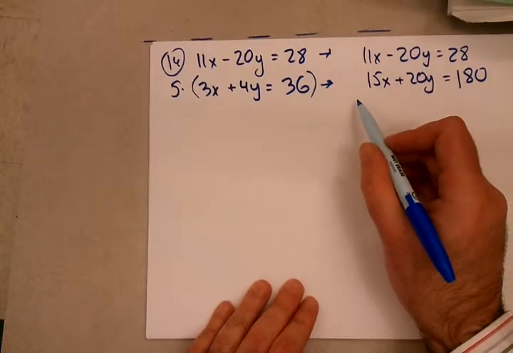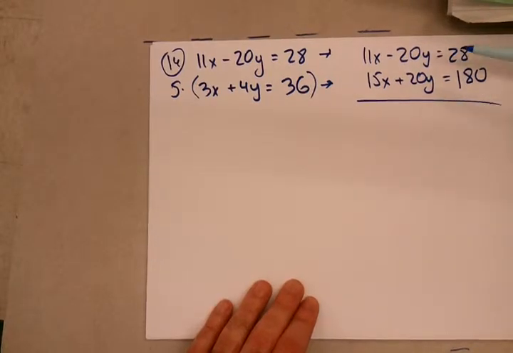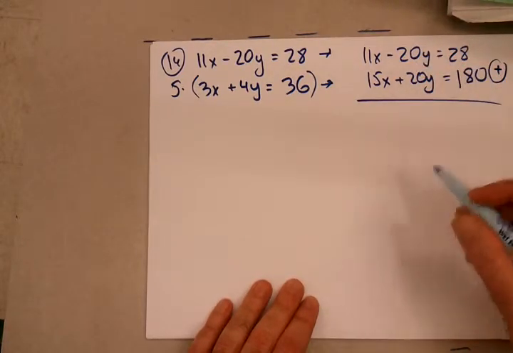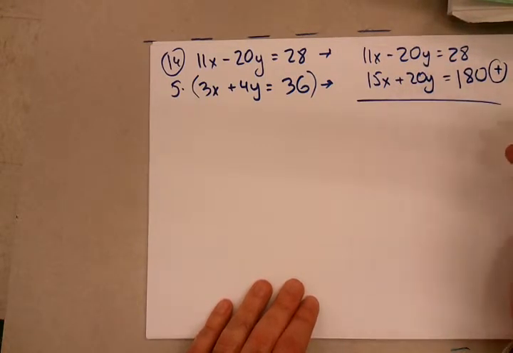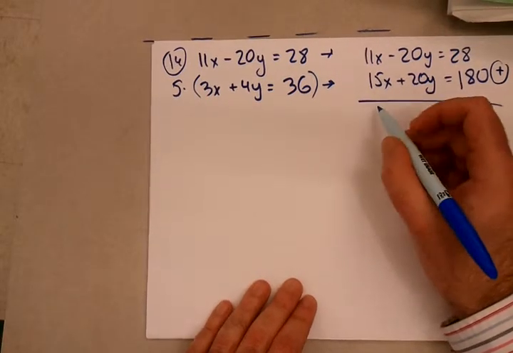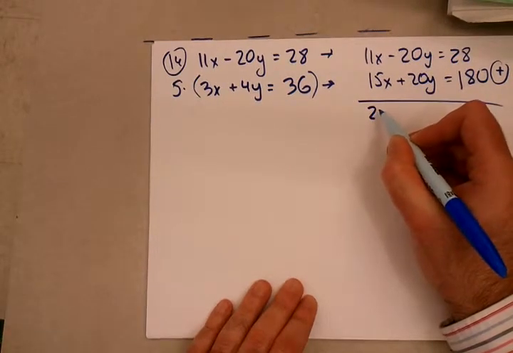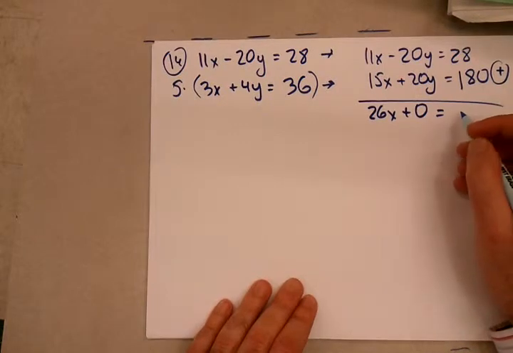So let's go ahead and do our elimination. We have negative 20y and a positive 20y. We're going to use addition, because that will get those two eliminated. If we use subtraction, we would get negative 20y minus 20y, which would give us negative 40y, which would not really get us anywhere. So we use addition. 11 plus 15x, that is 26x. That's a 0, which is what we want.